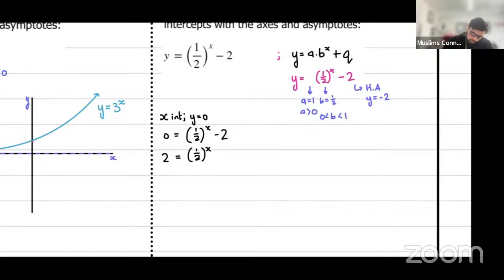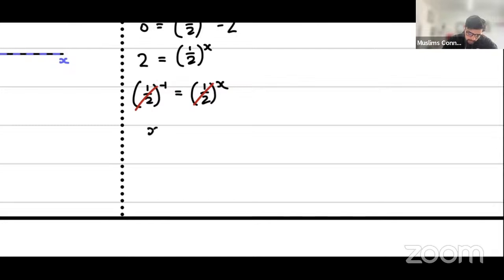If the exponents are unknown, I want the same bases. If I have a half to the power of negative 1, then I get 2. So 2 can be written as a half to the power of negative 1, and this is a half to the power of x. Since my bases are the same, they cancel, and I get x is equal to -1. This is my x-intercept, so therefore it's -1 and 0.